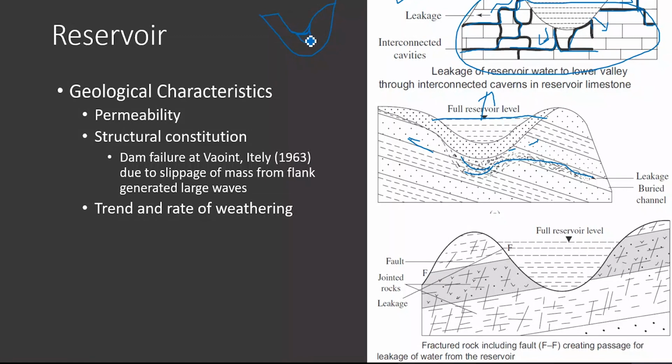Now this is not seen or it is not visible, but at a time it will come that the water which is stored in this reservoir may get into this channel and it will escape. You must have heard about the story of river Saraswati. Once upon a time we believe that it was the major river which was flowing in the northwestern part of our country, and now we don't have any evidence of that stream.